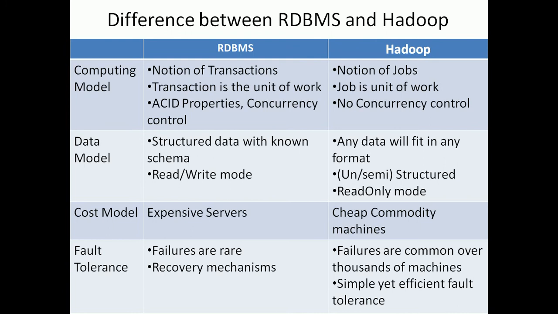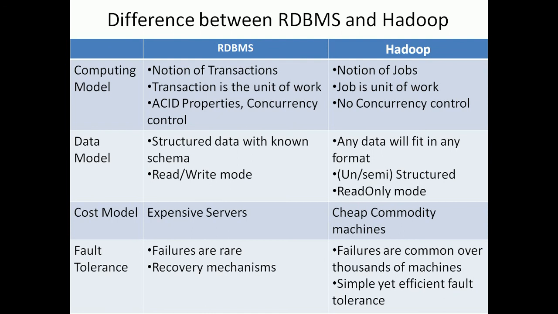But in Hadoop, a job is the unit of work. There is no concurrency control. For the data model, any data will fit in any format. That means there is structured data, unstructured data and semi-structured data in Hadoop, and data is in read only mode.